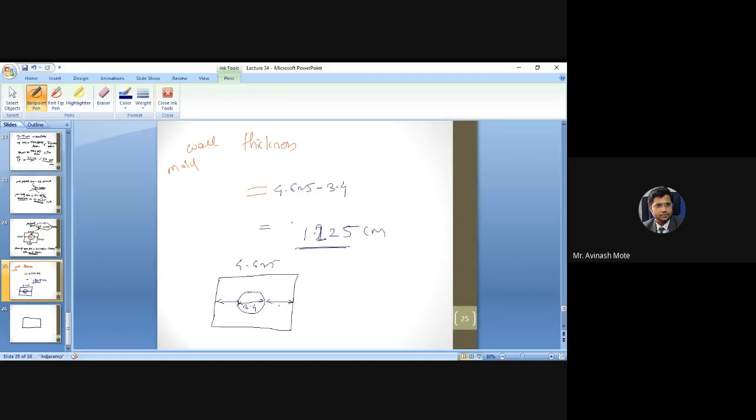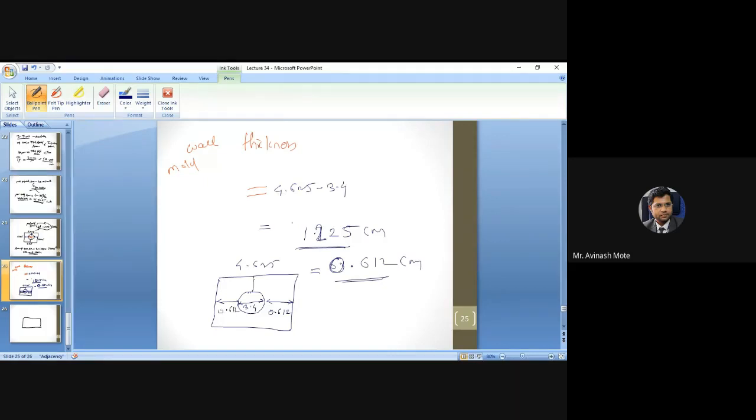We want the wall thickness, which is common to all sides, so it will be half of this, around 0.612.